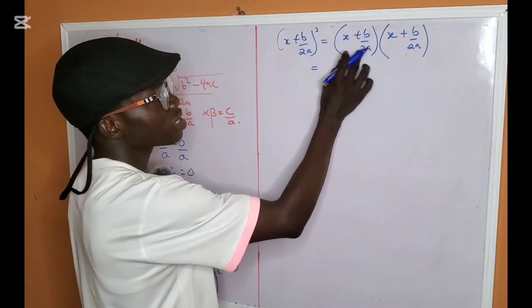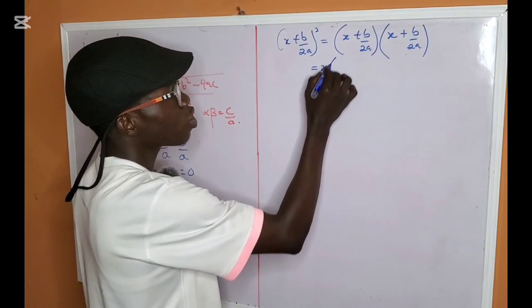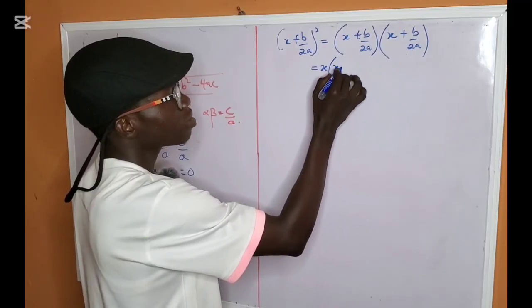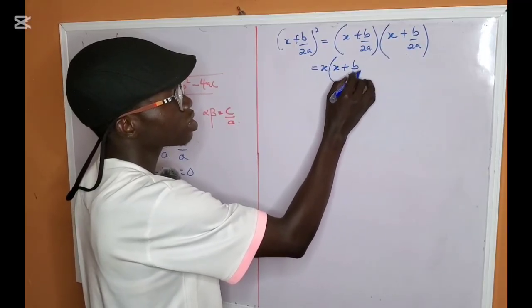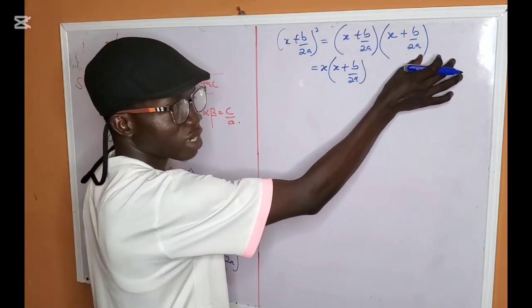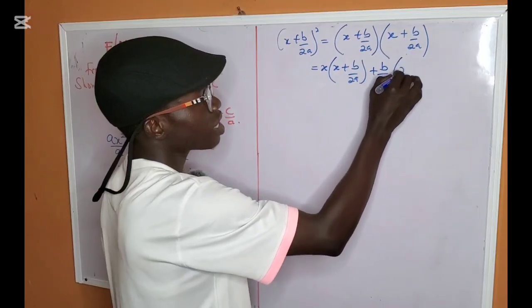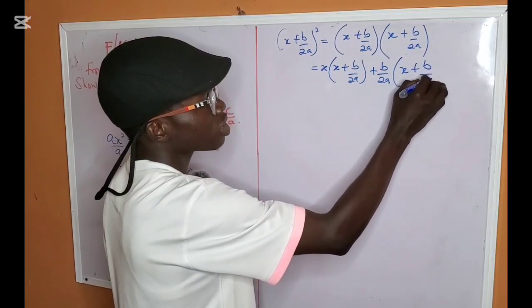I'll take one of the elements in the first bracket and use it to multiply the second bracket: x, open bracket, x plus b over 2a. Then I'll take the second element in the first bracket and use it to multiply the second bracket as well: plus b over 2a bracket x plus b over 2a.